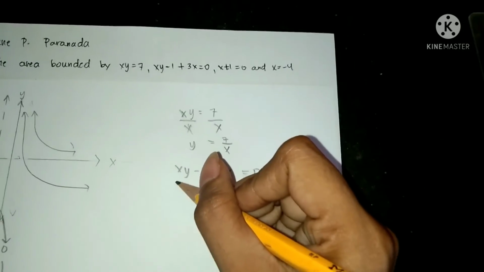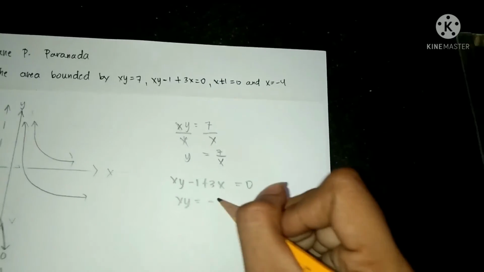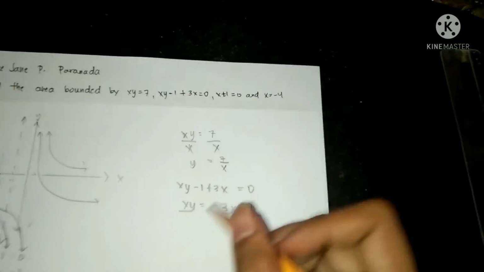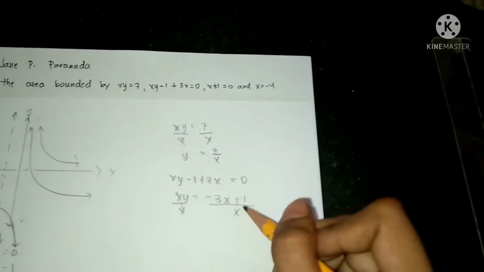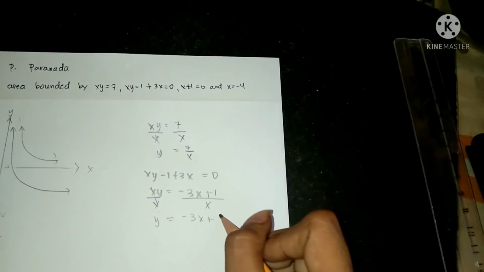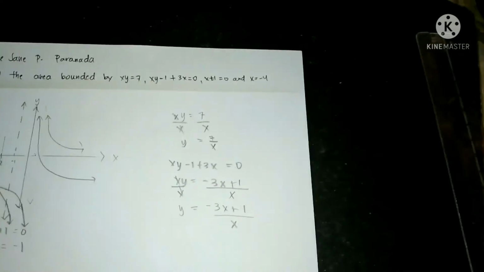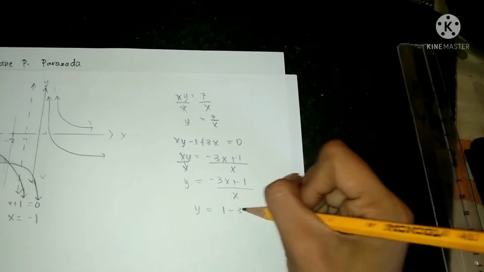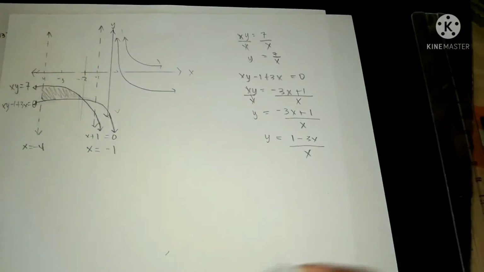So, xy is equal to negative 3x plus 1. Divide by x, maka-cancel to. So, y is equal to 1 minus 3x over x.